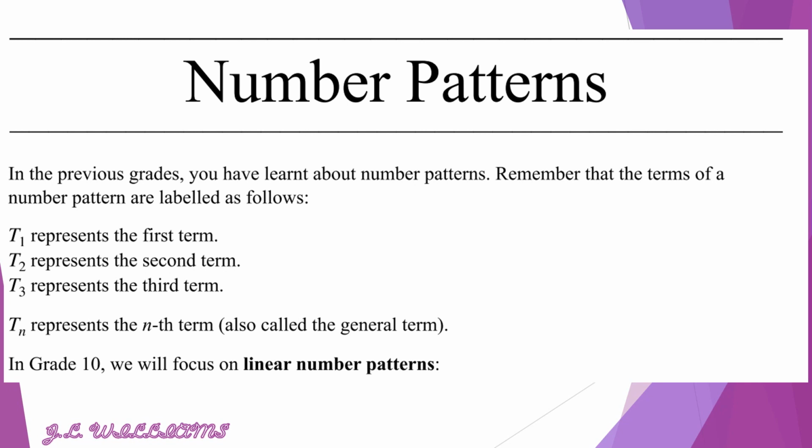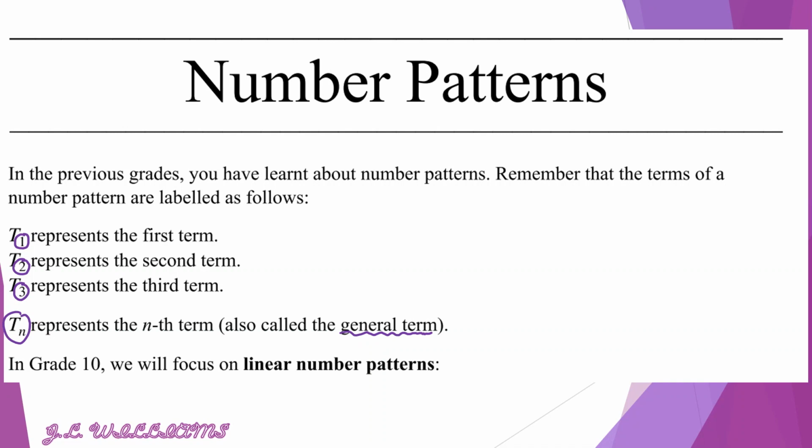You should know that T1 represents the first term in a number pattern. T2 represents the second term in your number pattern or sequence, and T3 represents the third term. Tn is called the general term because we can find the value of different positions in that sequence.